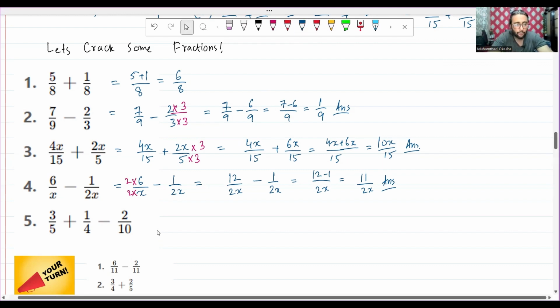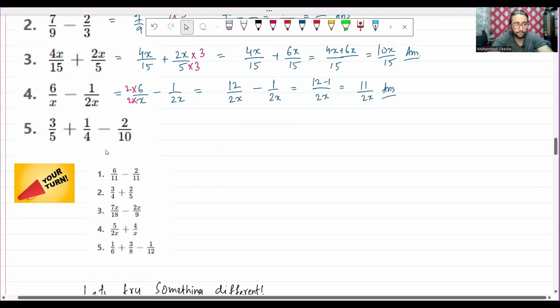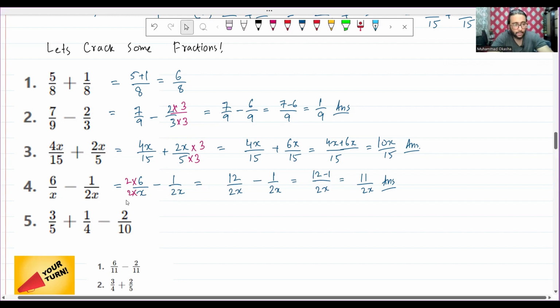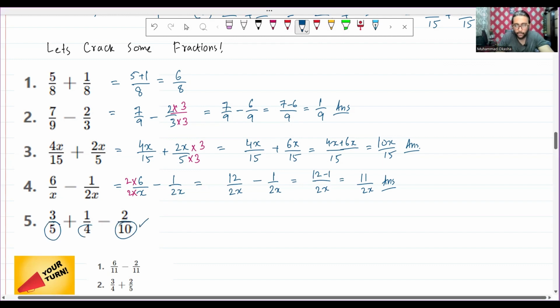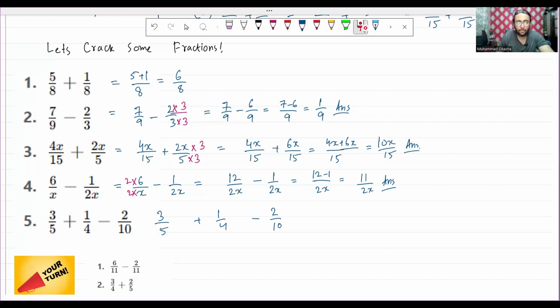Okay. Now over here, suddenly we have 3 fractions, but worry not, everything is the same. Now this is 10. I think I should keep it as 10, because I can make 5 a 10, and I can make 4 a 10 as well. How? Let's see. 3 divided by 5 plus 1 divided by 4 minus 2 divided by 10. So my goal is, if I keep this as 10, to make the rest of them a 10.